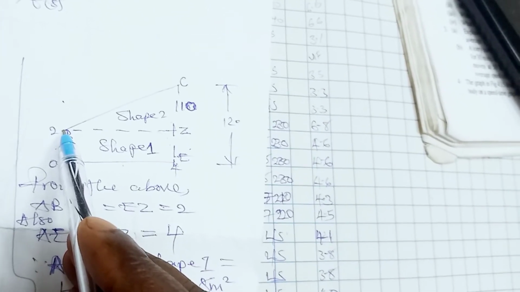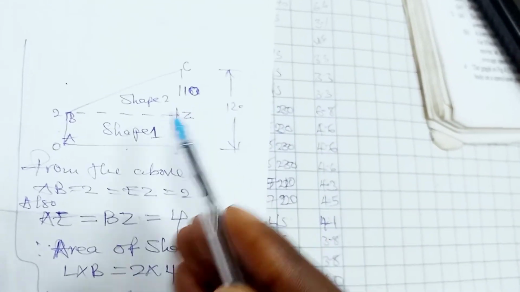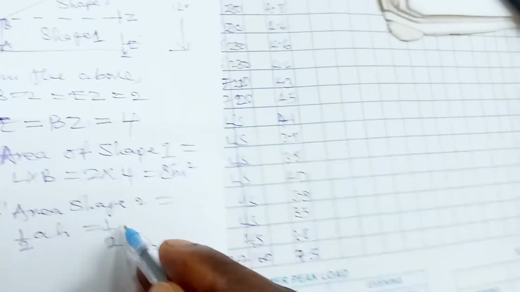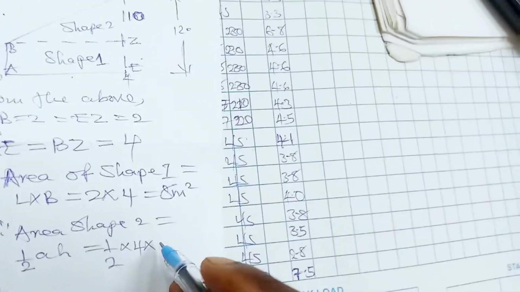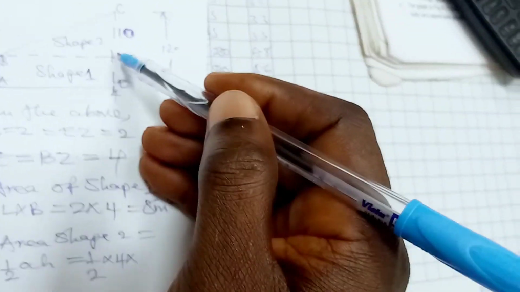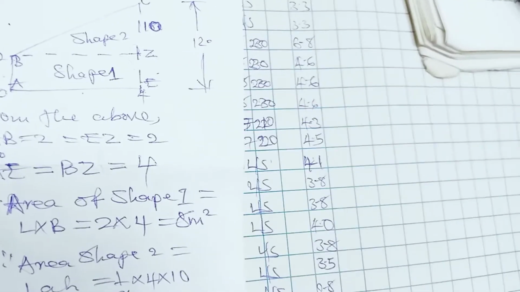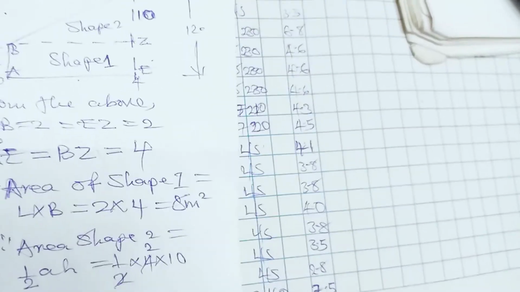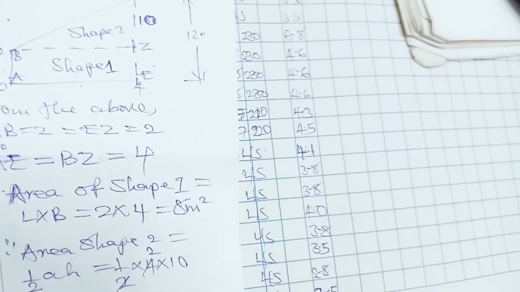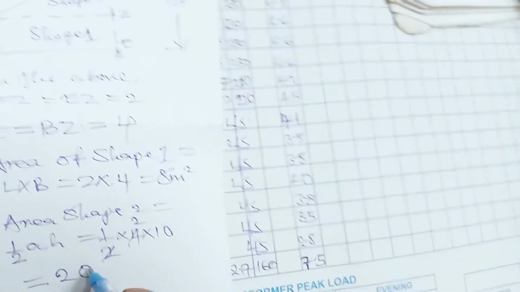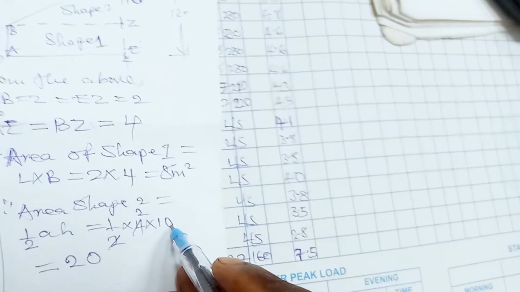Between this place and this place, BZ is your A, and that's 4. Remember, 4 times your H, from here to here, and that's 10. This is 1/2, and this is going to give you 20. 2 times 10 is going to give you 20.